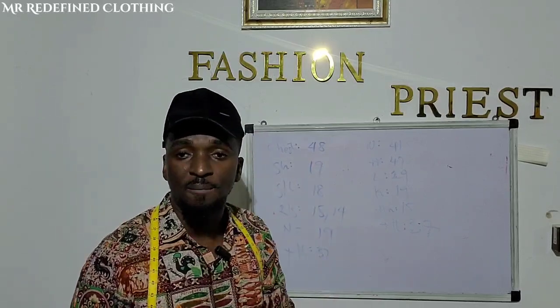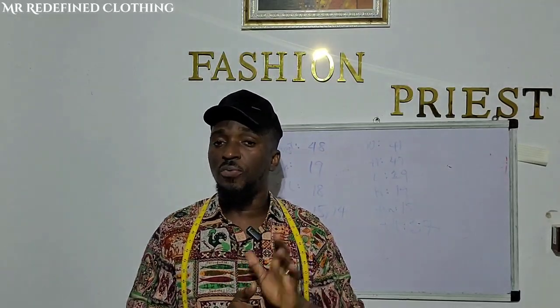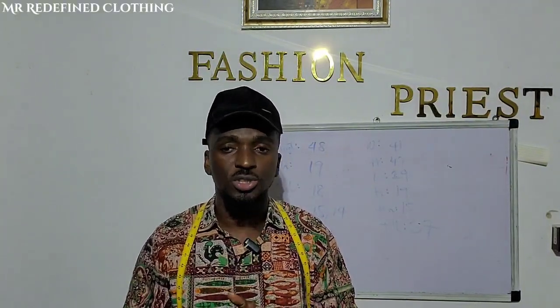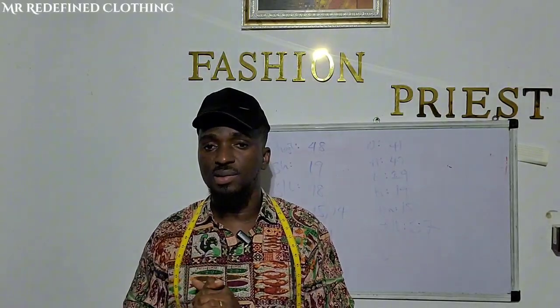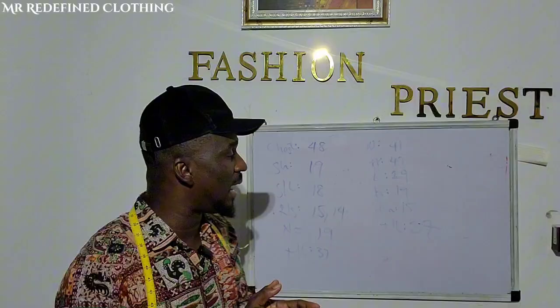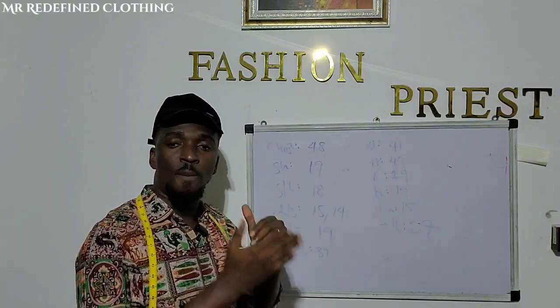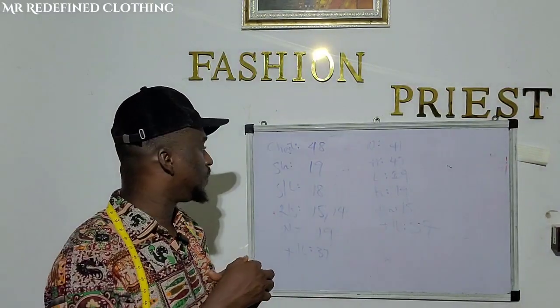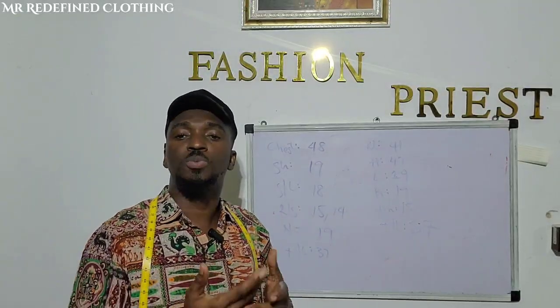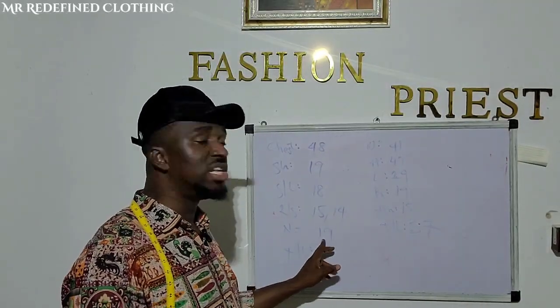I have seen a customer that has a shoulder of 18 and a half and a neck of 16. Now this was a peculiar difference, but on a general basis, you will see that the neck and the shoulder are almost the same in value. At most, the neck will be 1 inch lesser or 1 inch more.